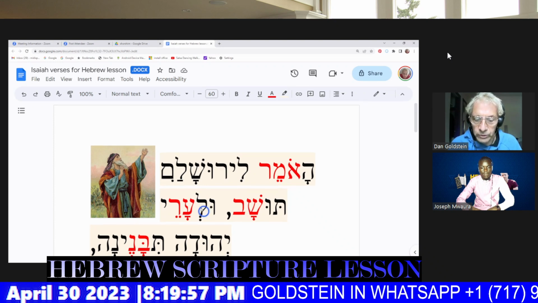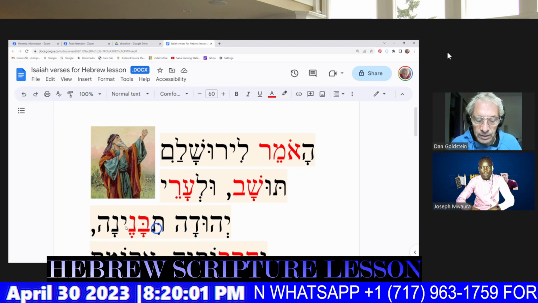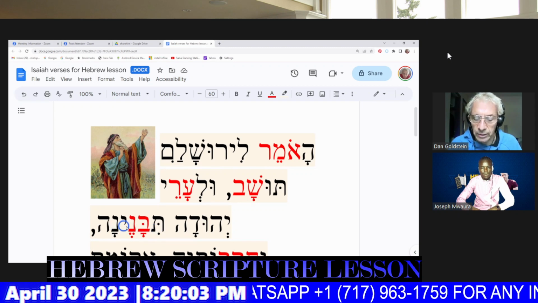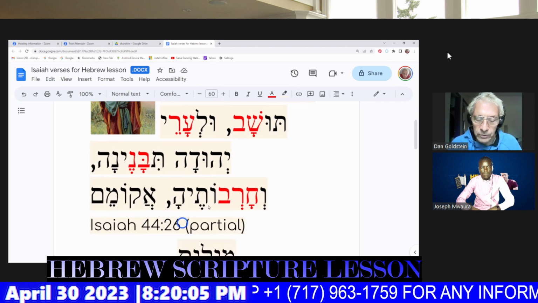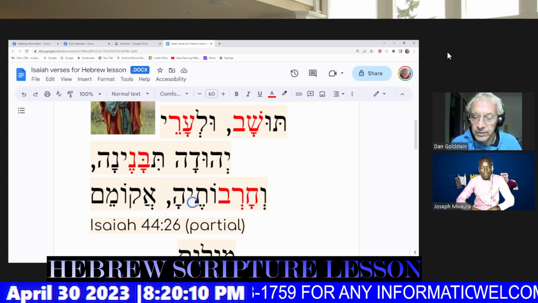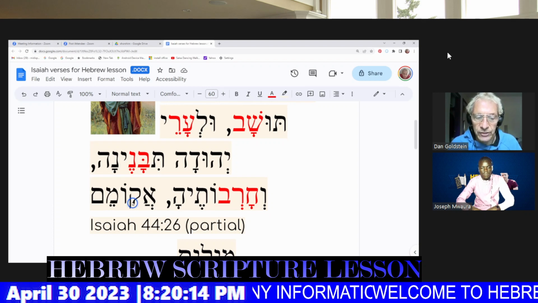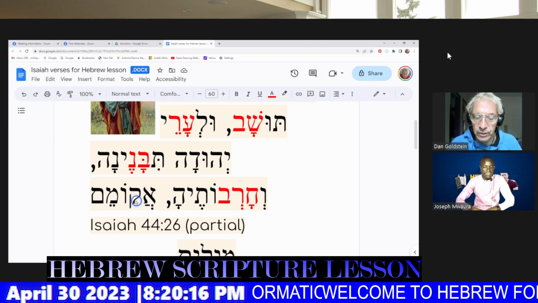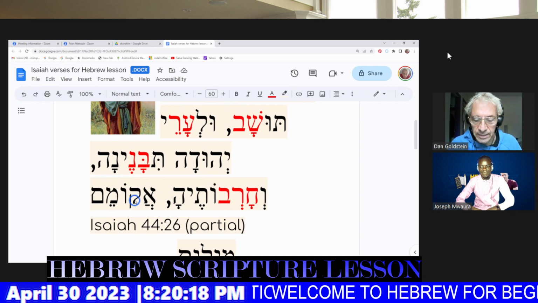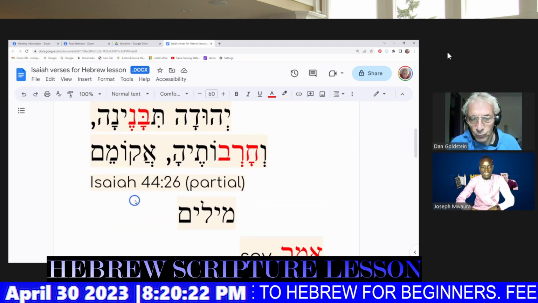Ula'are Yehuda, and let it be said to the cities of Judah, Tibanena, you shall be built up. The Charvoteha, and your destroyed places, Akomein, I shall build up, I shall raise up. So Amen. This is Isaiah offering Amen.